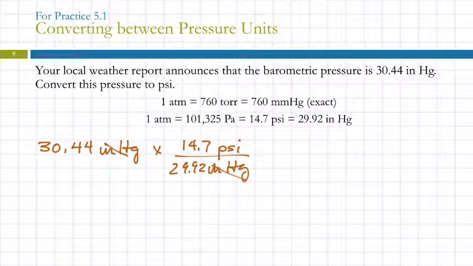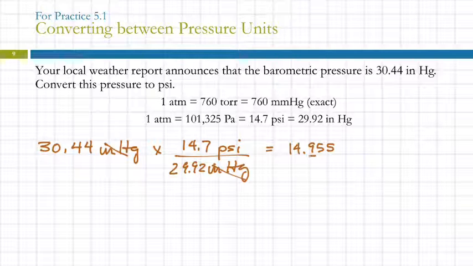30.44 times 14.7 divided by 29.92. And calculator's giving me a big old mess. This 14.7 is not an exact number. I don't know why Tro put only 3 sig figs in there. I'm sure there was some sort of a reason.